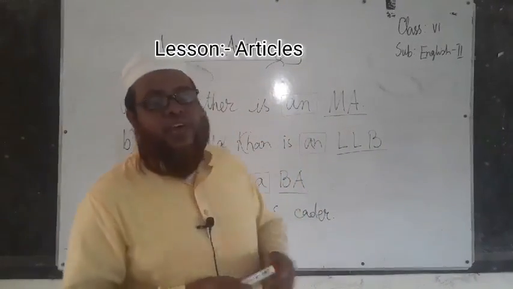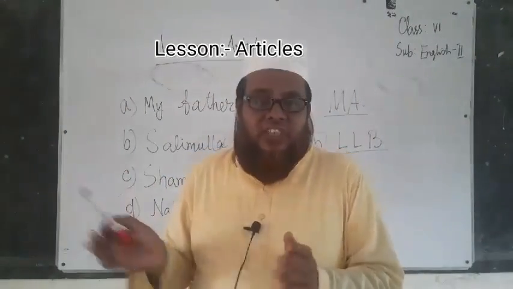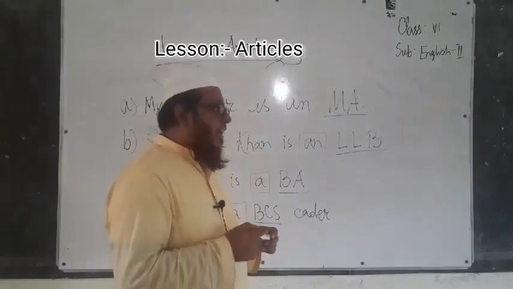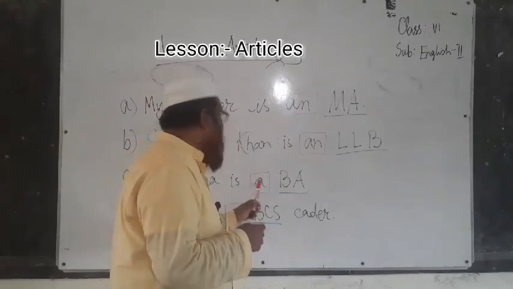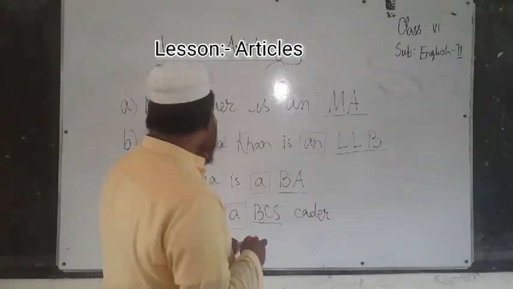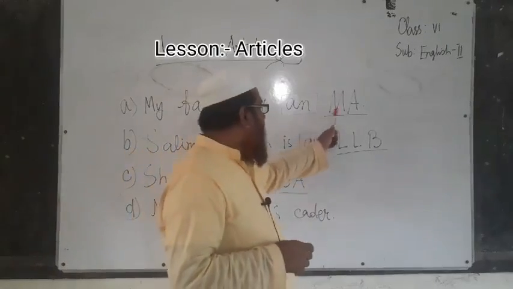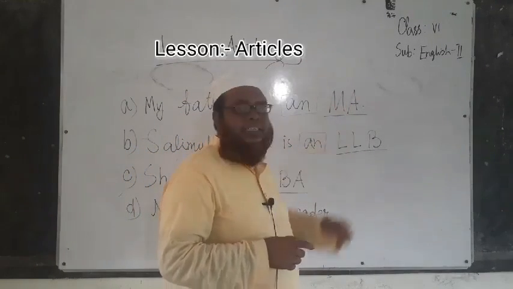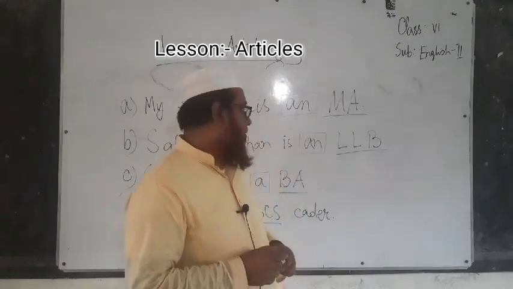And if an abbreviation is pronounced like a consonant, then we have to use the article 'a'. My dear student, notice the matter. The abbreviation MA is pronounced like a vowel.